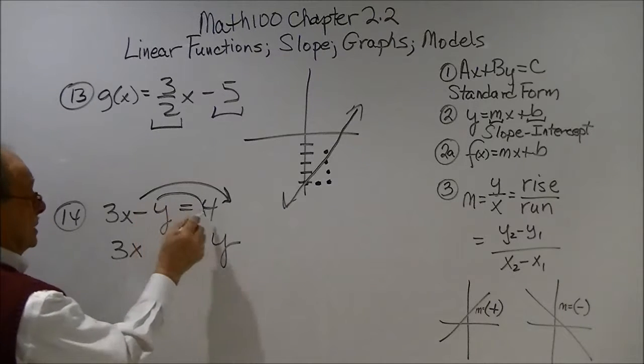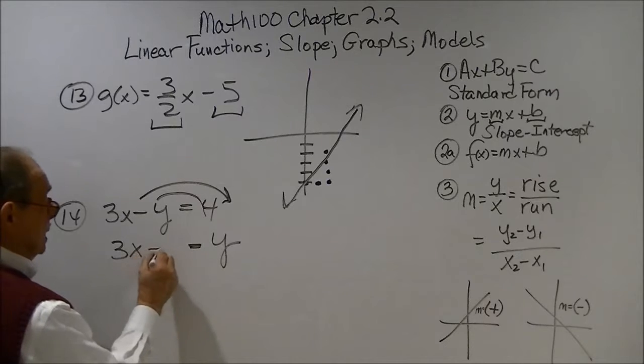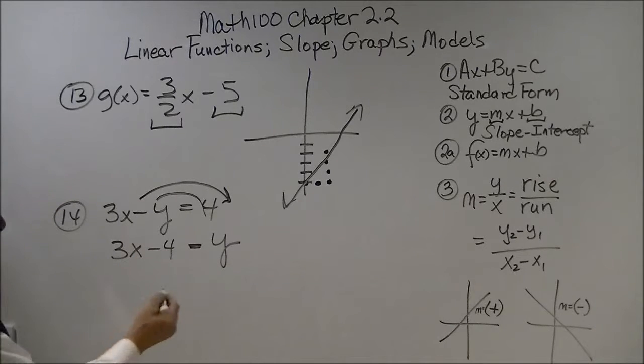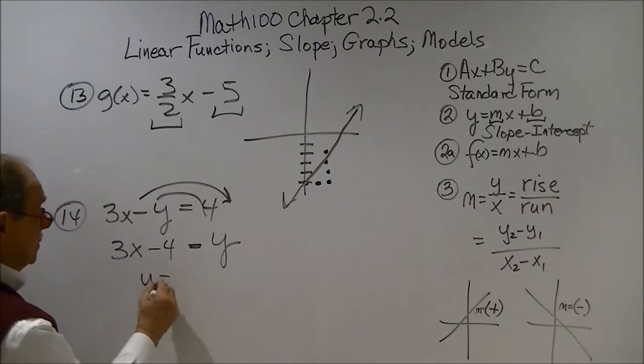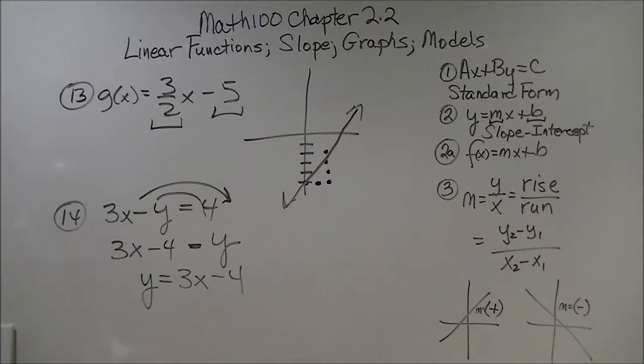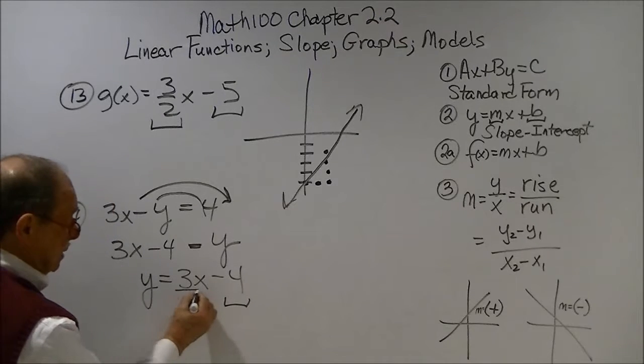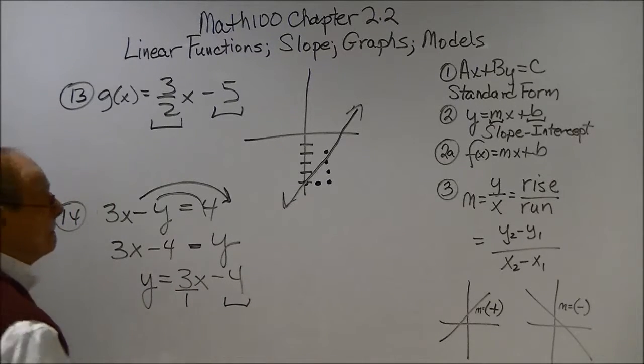Transpose the 4 to this side. That'll then make it negative. And then I can rewrite it if I'd like. y equals 3x minus 4. So now I know my y-intercept is a negative 4, and my slope is 3 over 1.